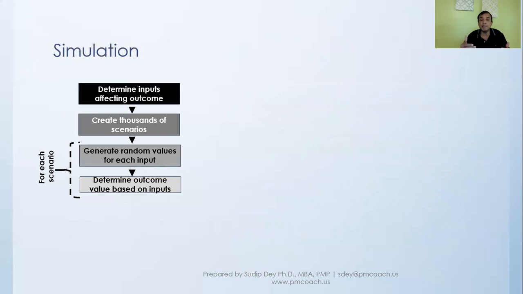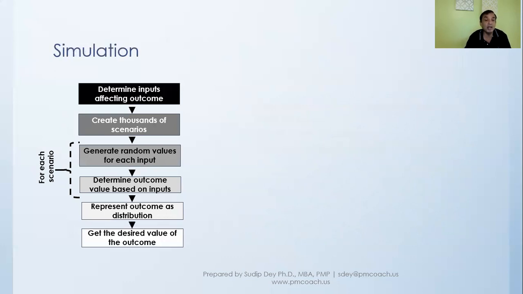This way, we create thousands and thousands of scenarios, and those scenarios will represent the outcome as a distribution. And when we get the distribution, we can get the desired value of the outcome.